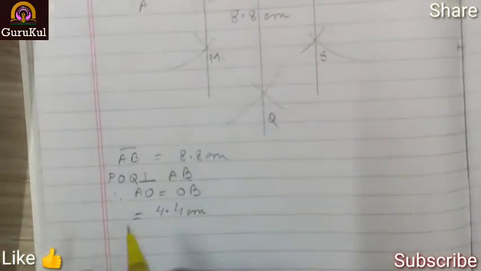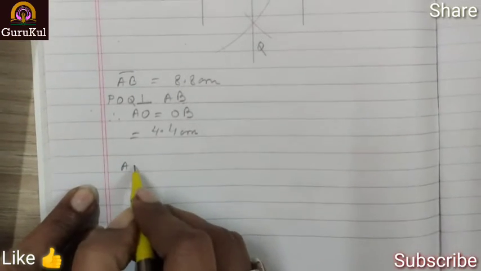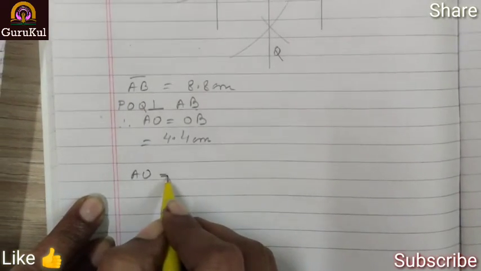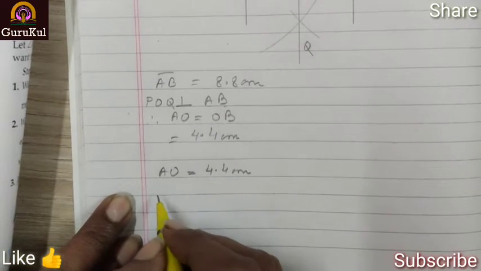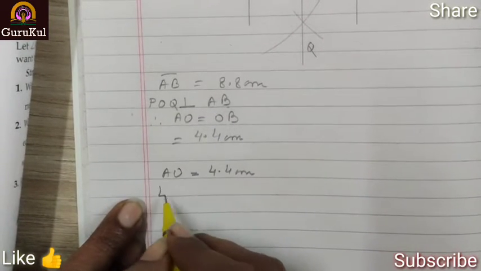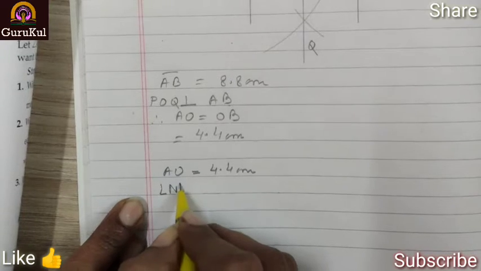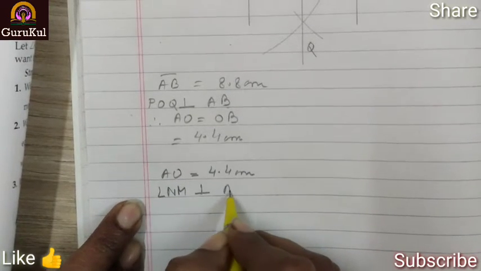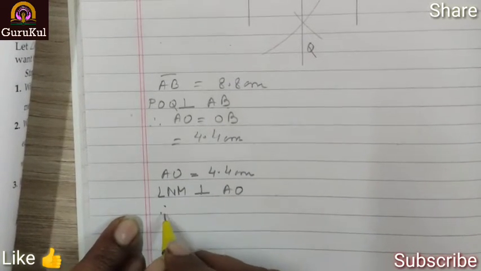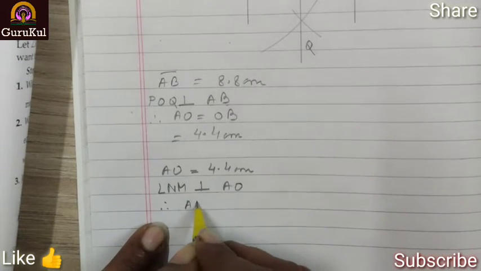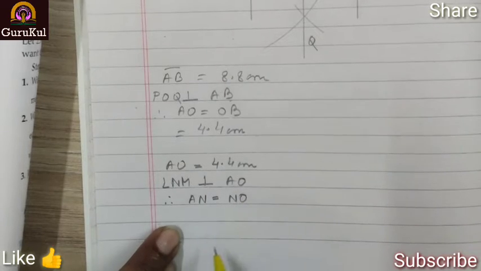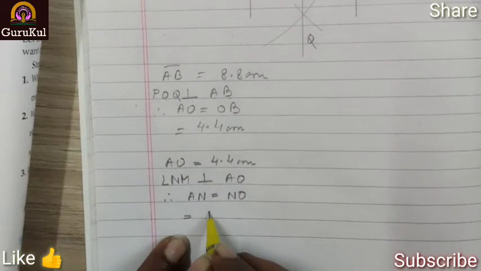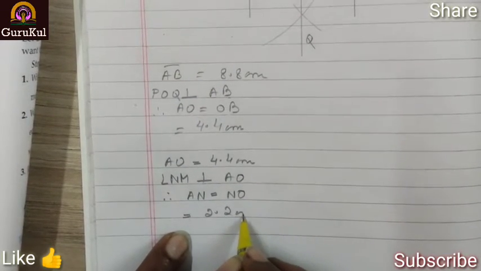Now we'll talk about the line segment AO. AO is equal to 4.4 centimeter, and we have constructed the line LNM, which is perpendicular to AO. Therefore AN is equal to NO, which is equal to 2.2 centimeter.